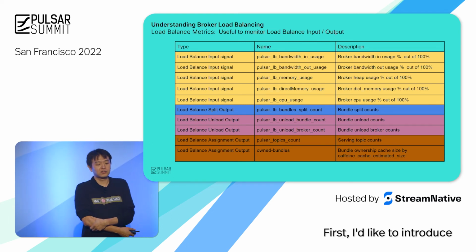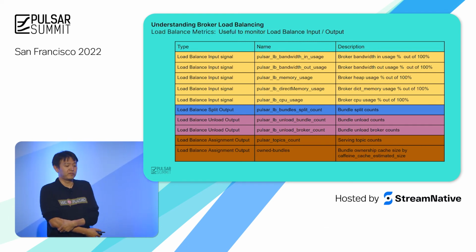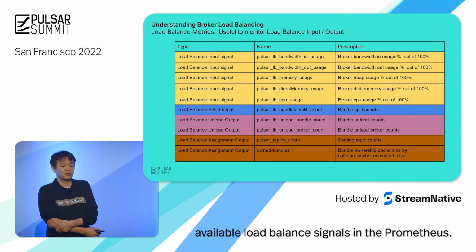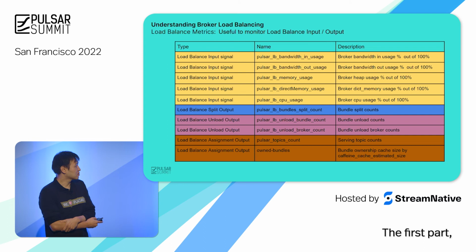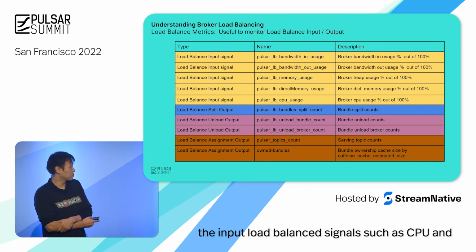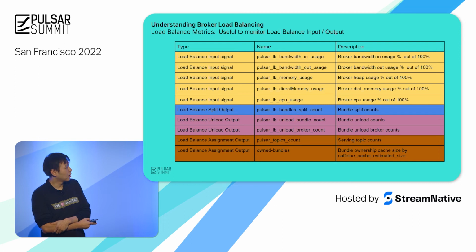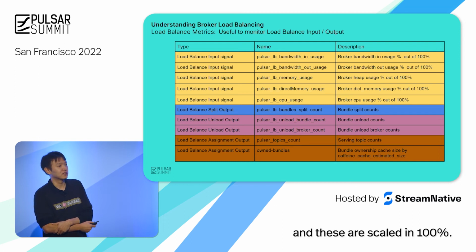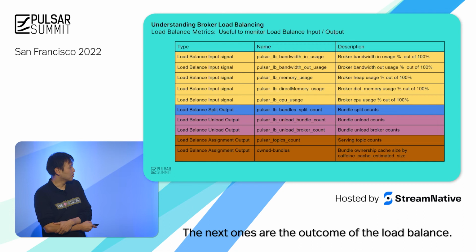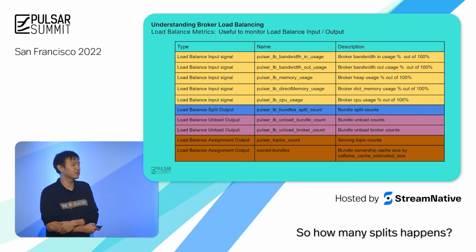First, I'd like to introduce the available load balance signals in Prometheus. The first part is the input load balance signals such as CPU, memory, and network, and these are scaled to 100%. The next ones are the outcomes of the load balance. The blue one is about the bundle split counts, so how many splits happened.